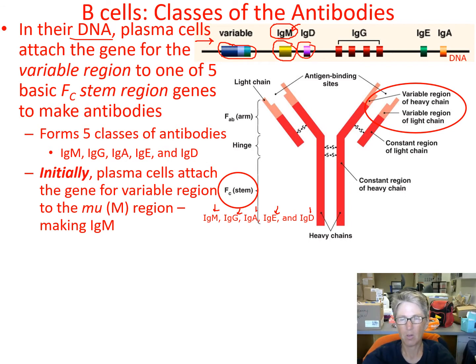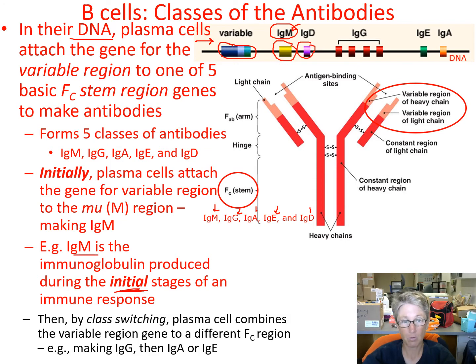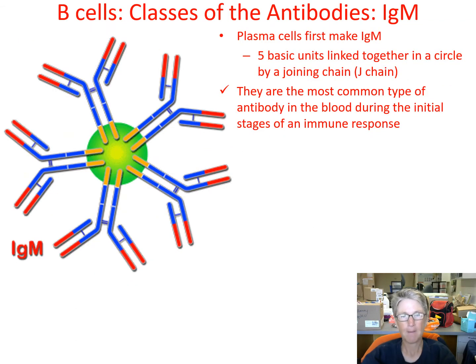There's complicated genetics here, but we're not going to go into the detail. IgM is the antibody produced during the very first stages of your immune response to a foreign invader. If you've taken a genetics class, you can read about this class switching. It's pretty cool, but that's genetics class.